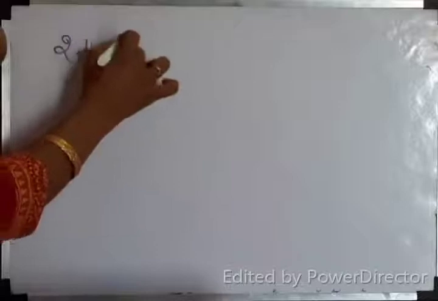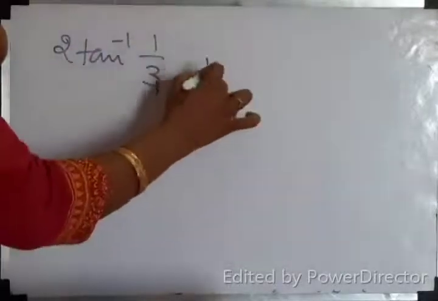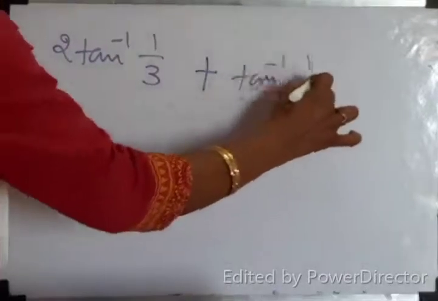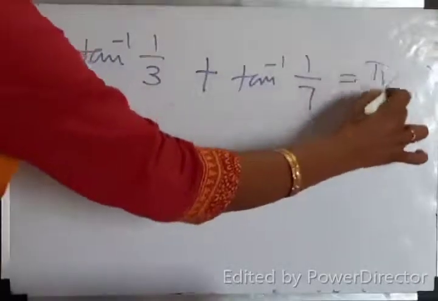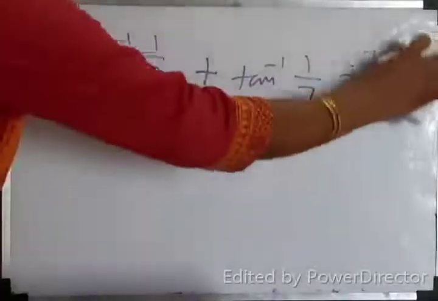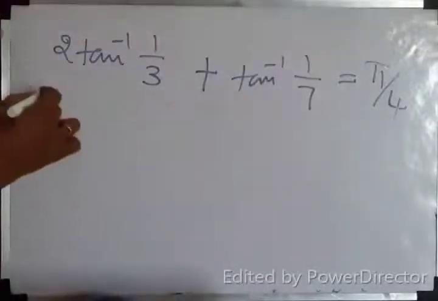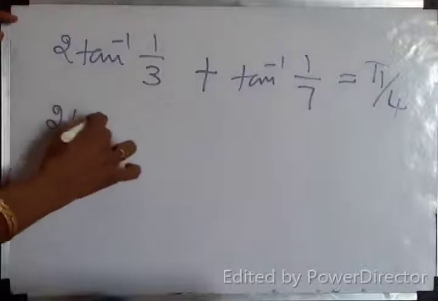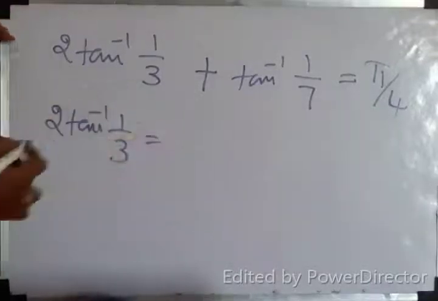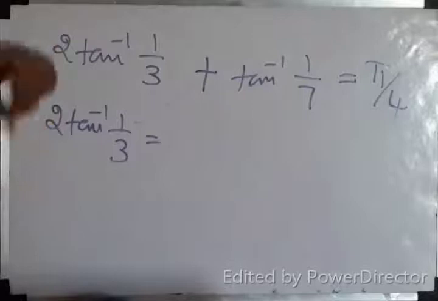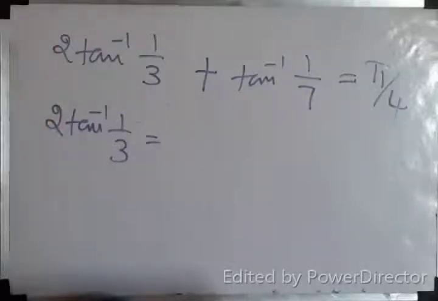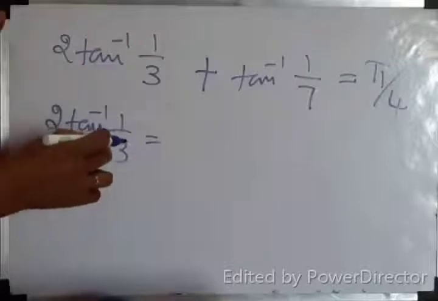Next one is: prove that 2 tan inverse 1 by 3 plus tan inverse 1 by 7 equal to pi by 4. Tan inverse 1 by 3, first simplify. 2 tan inverse 1 by 3, how will you write?